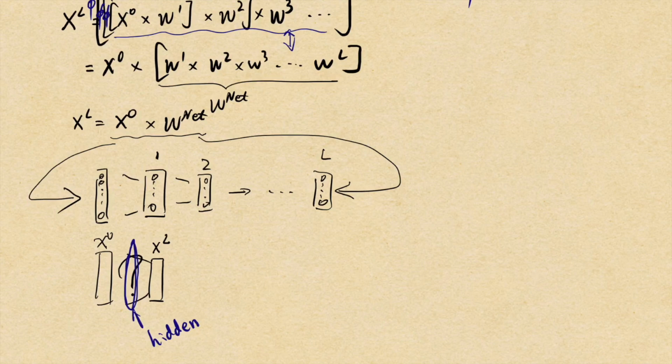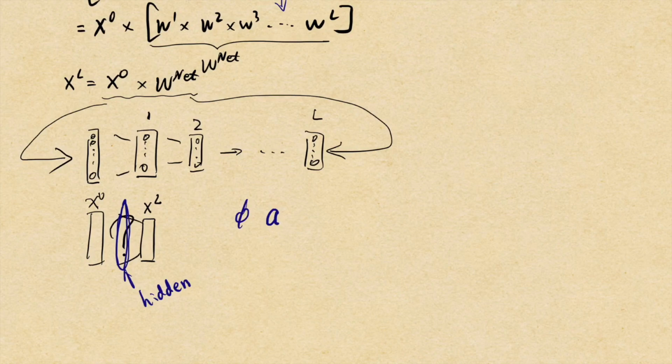But the specific form of this nonlinearity doesn't really matter in the backpropagation algorithm. The only essential requirement is that we are able to calculate how the function changes infinitesimally with respect to its input.